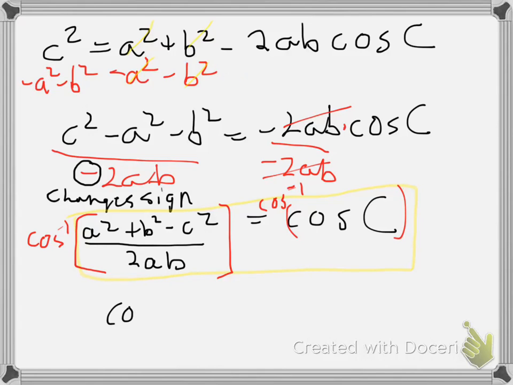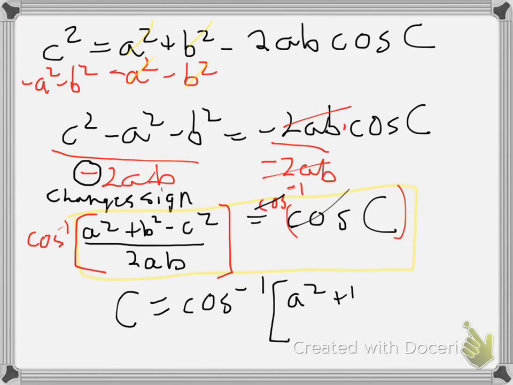Actually, that should go away. These essentially cancel out. So I get a normal C on one side equals the arc cosine of a squared plus b squared minus c squared over 2ab.